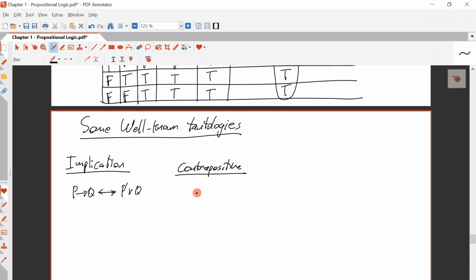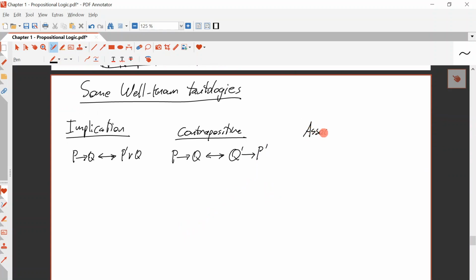The contrapositive tautology is that P implies Q is equivalent to not Q implies not P. So P implies Q is not the same as Q implies P, but it is the same as not Q implies not P.